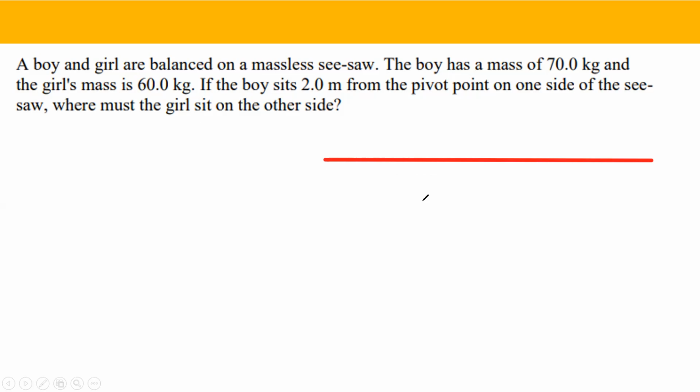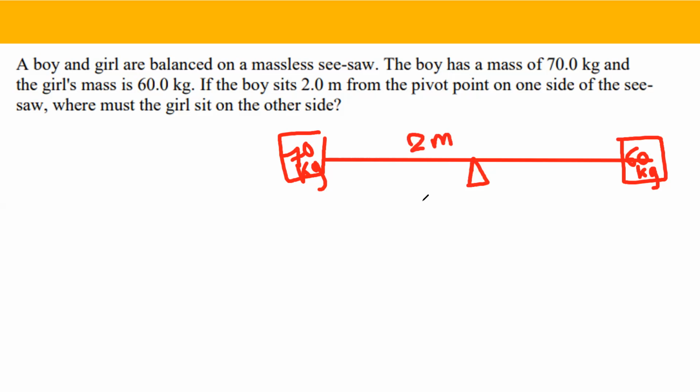The boy has a mass of 70 kilogram, and the girl has a mass of 60 kilogram. If the boy sits 2 meters from the pivot point, where must the girl sit on the other side? We need to find this distance.